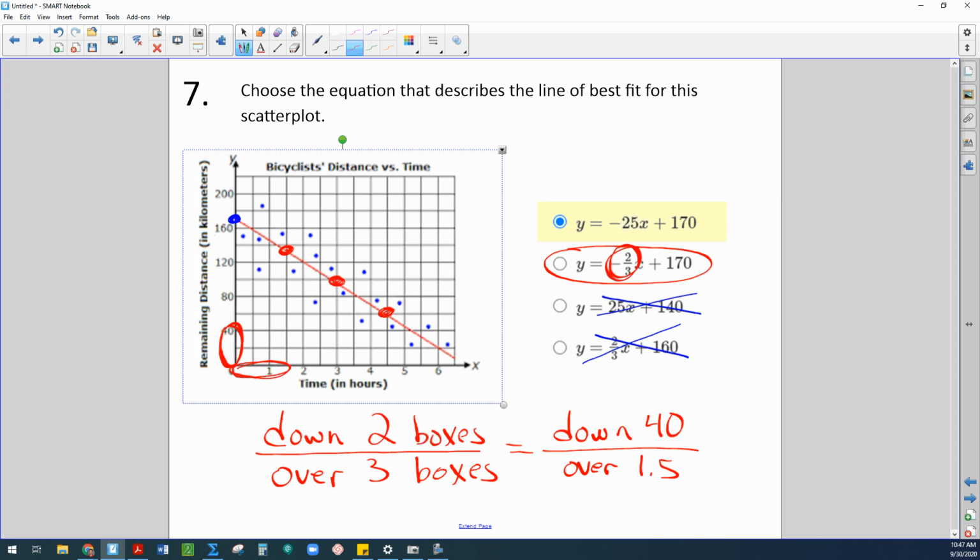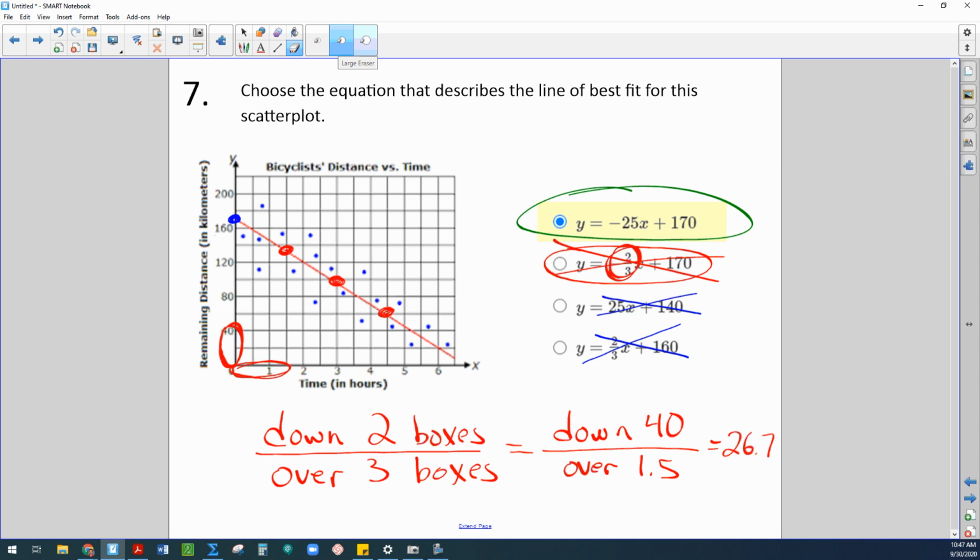If you take your calculator and you do 40 divided by 1.5, you get 26.7, which is really close to negative 25.